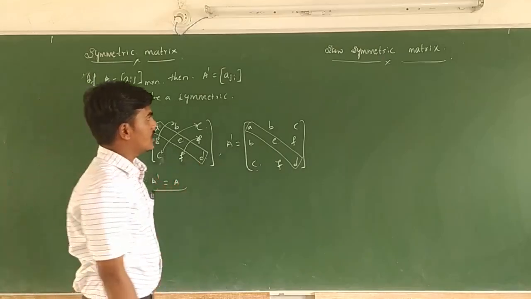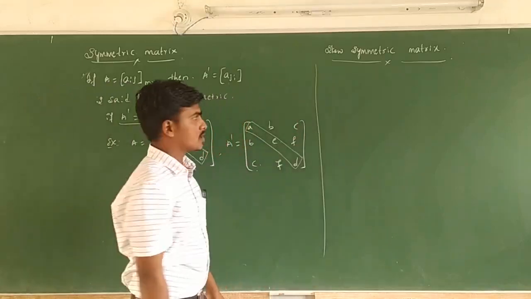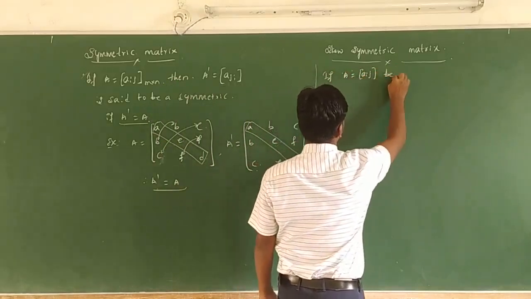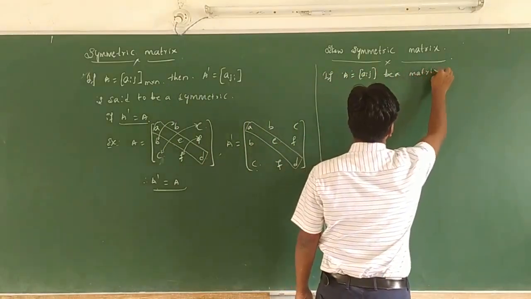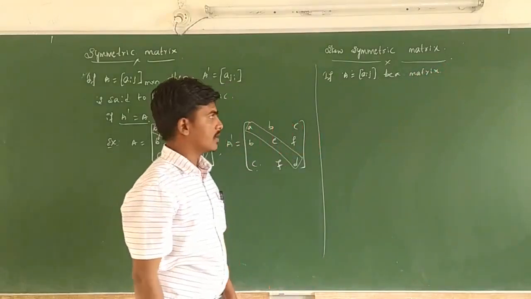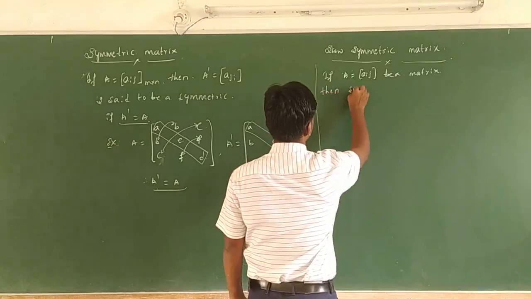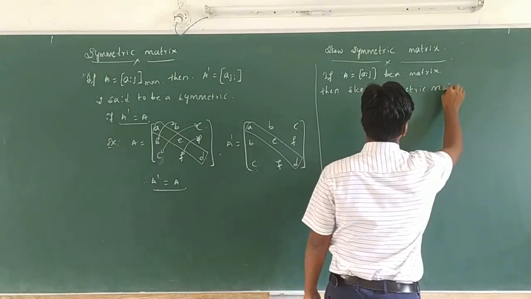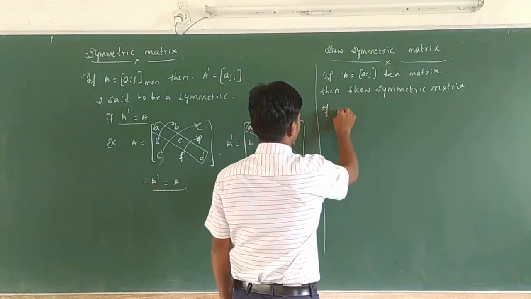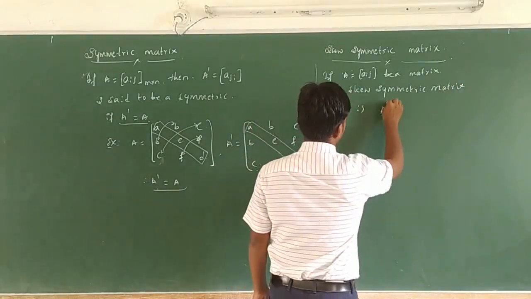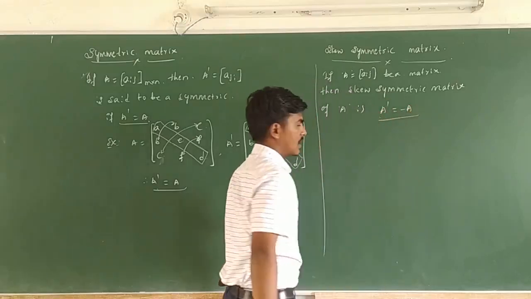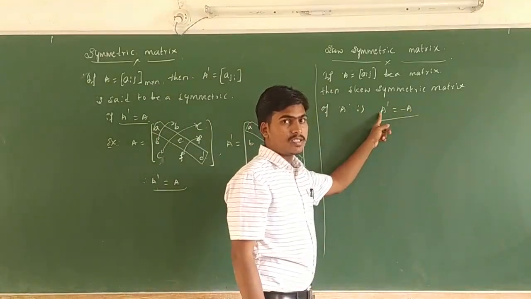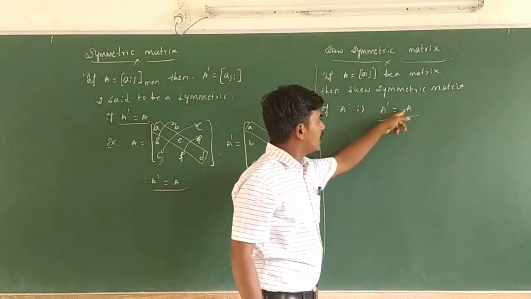In the same way, I will define what a skew symmetric matrix is. Here also, if A equals Aij of order m by n is a matrix, then A is a skew symmetric matrix if A transpose equals minus A. It means if we apply transpose to the given matrix, the new matrix is equal to the negative of the given matrix.